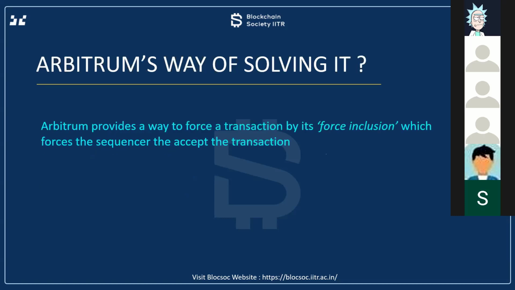Arbitrum had a way of solving it after the sequencer went down for like 70 minutes in 2022. Arbitrum now provides a way to force a transaction on layer one. So if the sequencer is malicious or not responding, I can force a transaction with the force inclusion method which Arbitrum provides.